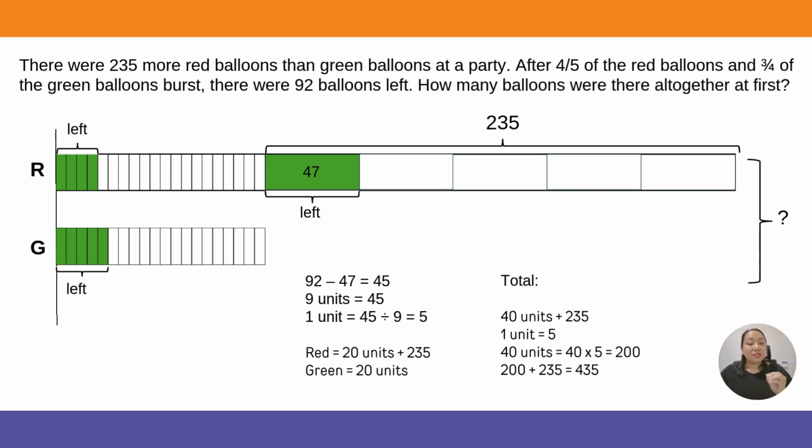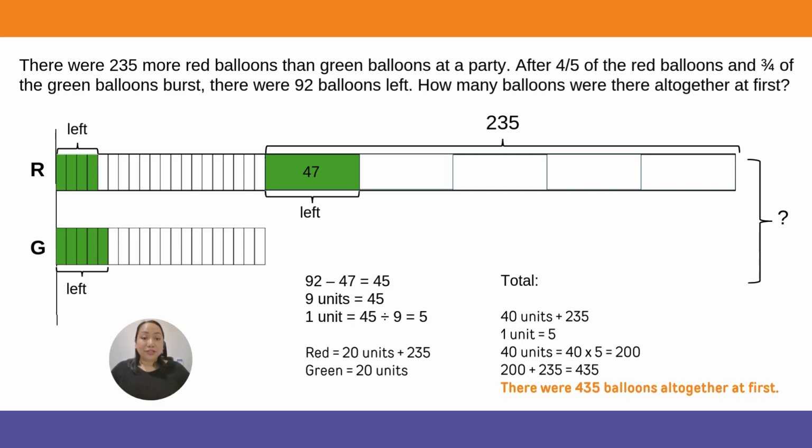So if we have mentioned earlier that 1 unit is equal to 5, we can now compute for 40 units by multiplying 40 by 5, and that will give us 200. And then we need to add 235 to it, which is equal to 435. Therefore, there were 435 balloons altogether at first.